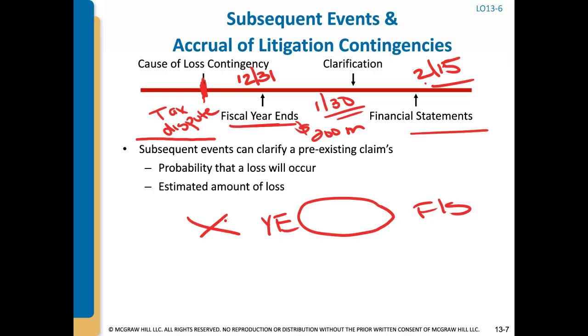So in this situation, if we settle with the IRS on January 30th for $200 million, even though that happened after our 12/31 year end, it happened before our financial statements are issued, we would have to accrue a liability as of 12/31 for the $200 million.